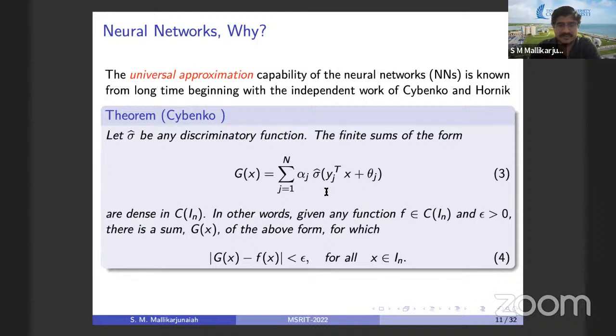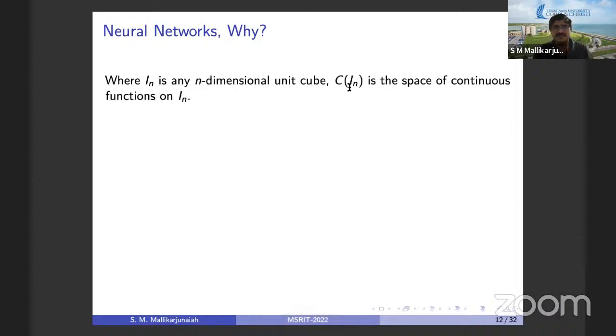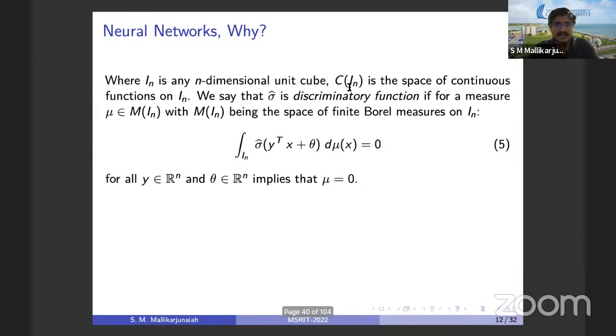As a linear map. Now, I_n is the n-dimensional unit cube, and C(I_n) is the space of continuous functions on I_n.